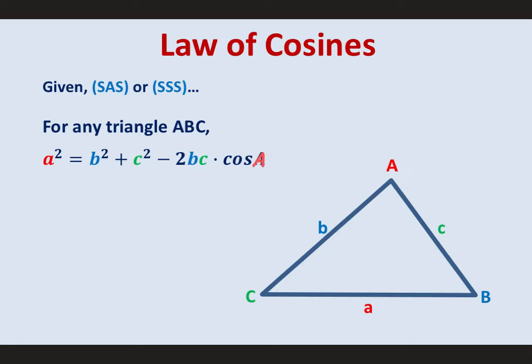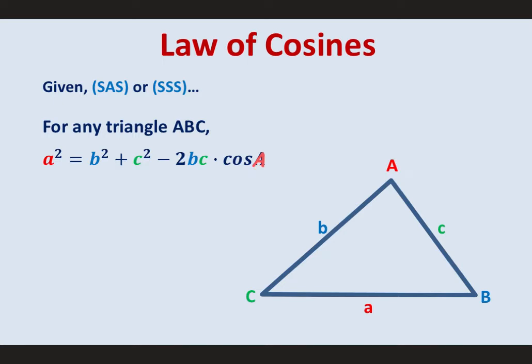I know that probably sounds like a lot of jumbly, mathy stuff, but the idea is that whatever side we're trying to find squared, you use the other two sides in these spots right here, and then the angle across from it in this spot right here.